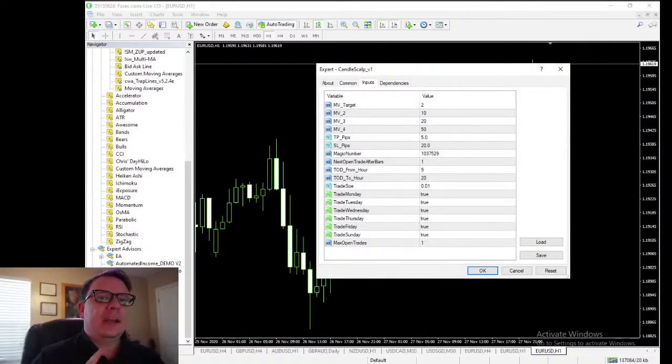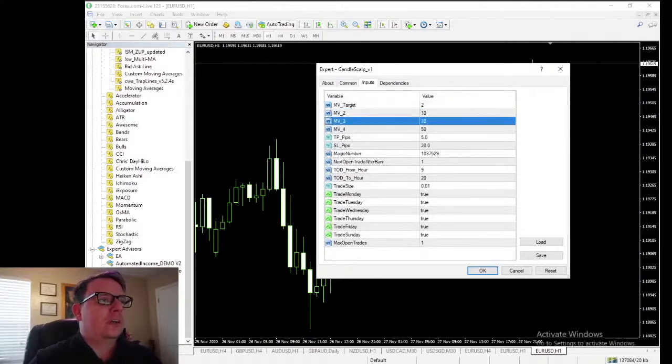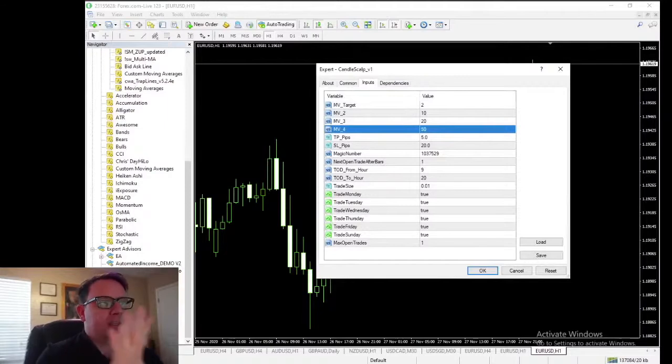Now never ever change these settings without me, unless you're a pure expert on all these numbers here. Moving average 2, 3, 4: those are numbers preset onto this beta expert advisor I'm working on. No one's seen this yet. You're the first ones to see this.